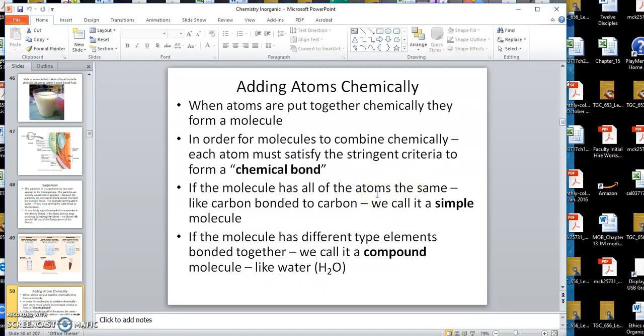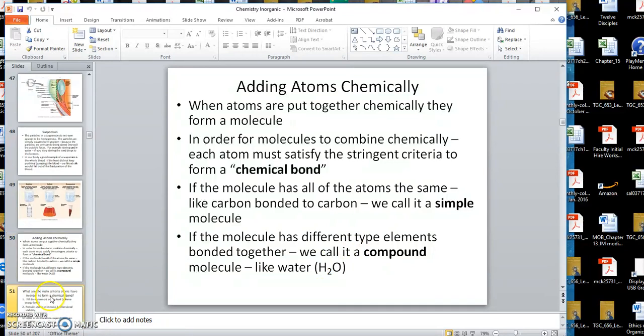And when you form a molecule, which is to put atoms together chemically, we call it a molecule. If the two atoms are just alike, like carbon bonded to carbon, that's what we call a simple molecule. If the atoms are different, like in water, H2O, we call it a compound molecule. Okay, very simple.